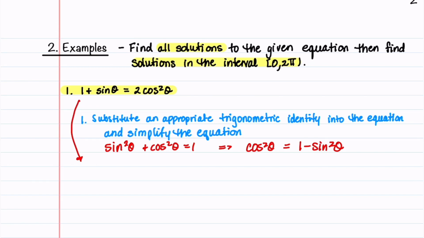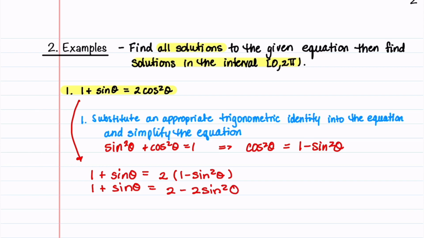We can plug that in, and we have 1 plus sine theta. And on our right-hand side, we have 2 times the quantity 1 minus sine squared theta. Let's go ahead and simplify this. This is 1 plus sine theta is equal to 2 minus 2 sine squared theta.